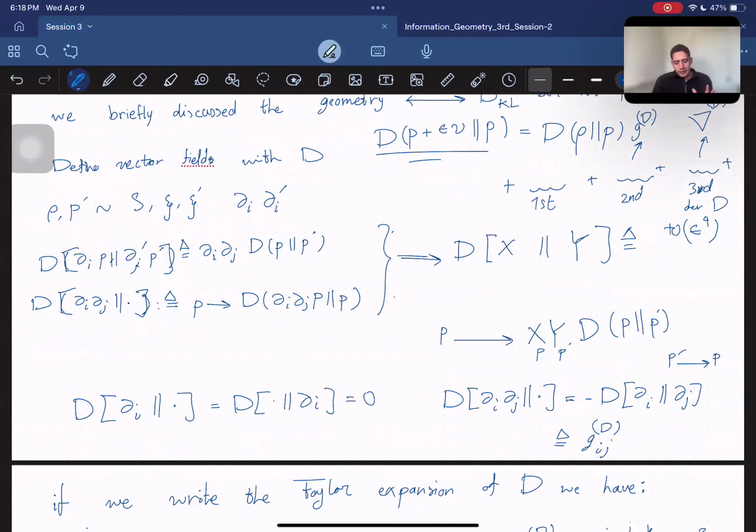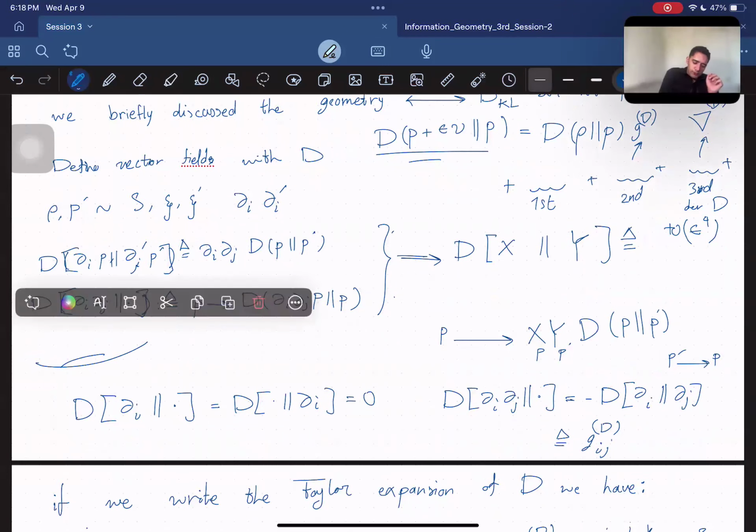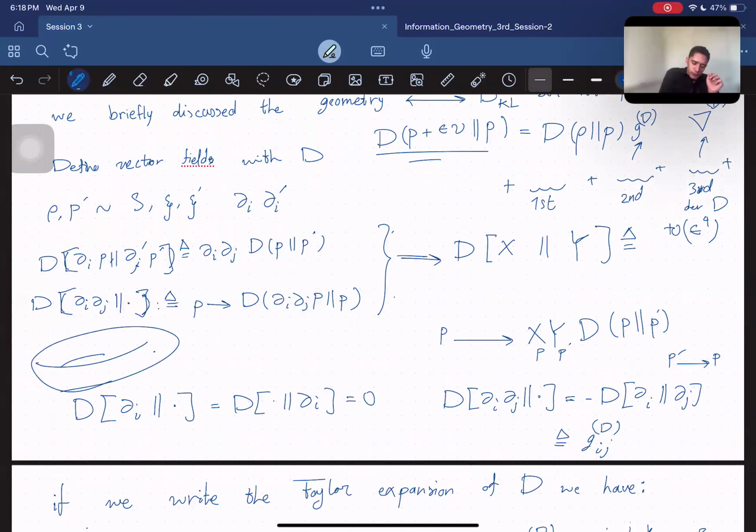Remember that vector fields in our Riemannian geometry were nothing but the push we needed from going from one distribution to another close distribution. So if I lived on this Riemannian geometry, P, then XP, which was the attached vector field of X, is nothing but the push.